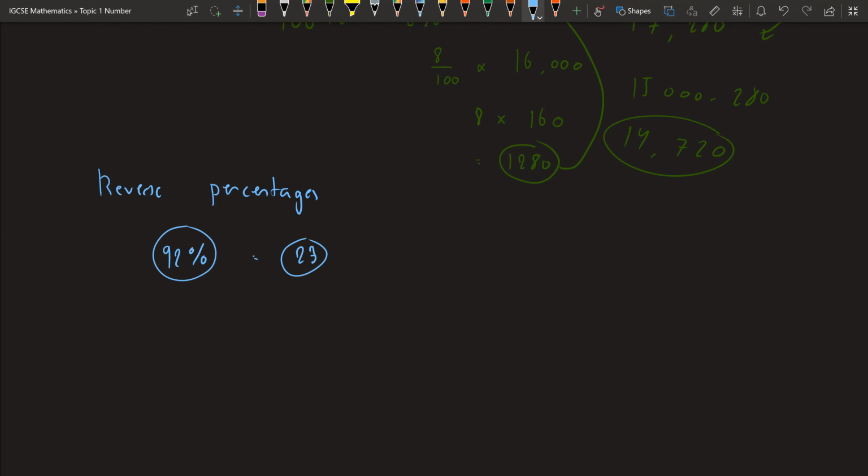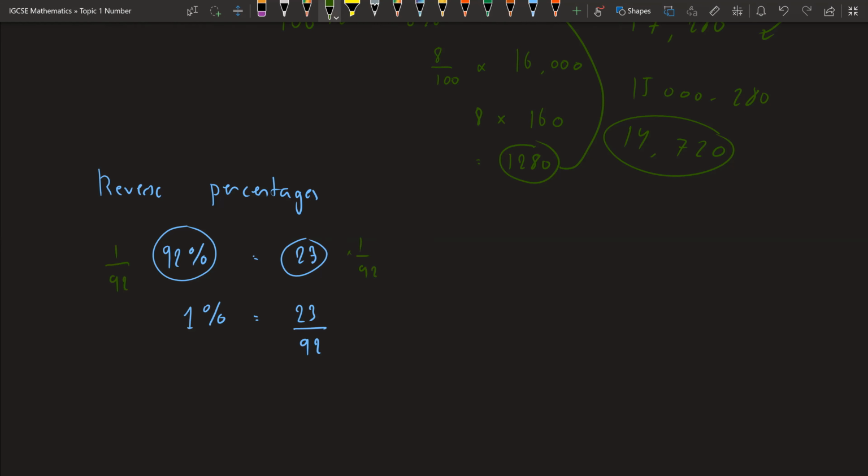So how many questions are there? And how many of them did you get wrong? Now, since we know 92% is equal to 23 questions, right? So we have to find 1% first. 1% is equal to 23 over 92, because we divide both sides by 92.